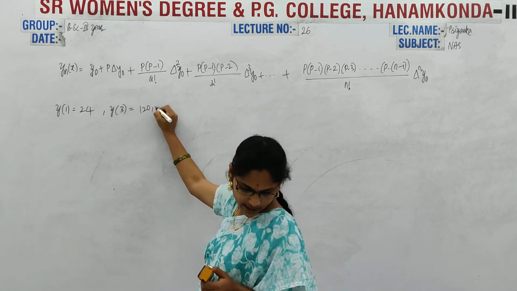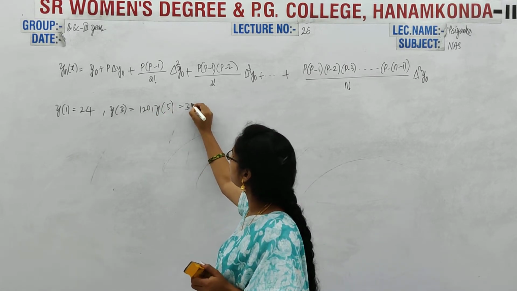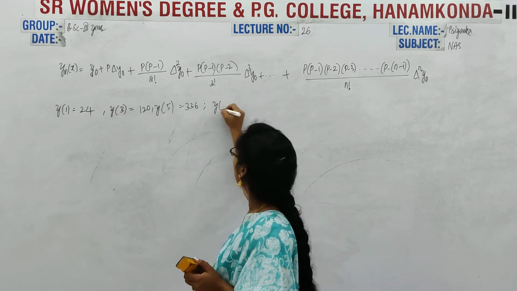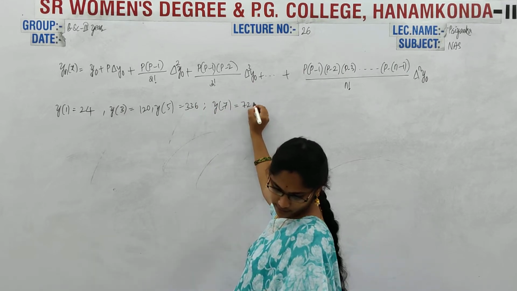In the question write it as it is. y of 5 is equal to 336, y of 7 is equal to 720.